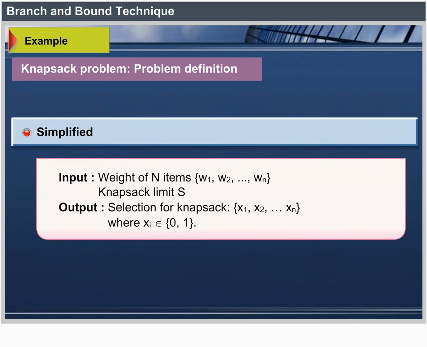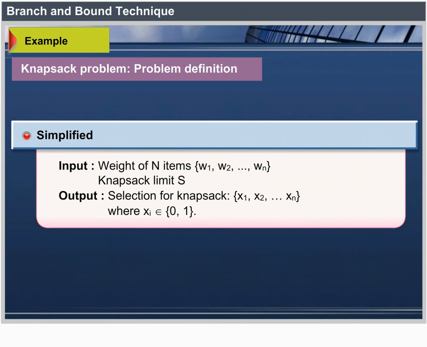Input: weight of n items W1, W2, up to Wn. Knapsack limit S. Output: selection for knapsack X1, X2 up to Xn, where Xi belongs to {0, 1}.